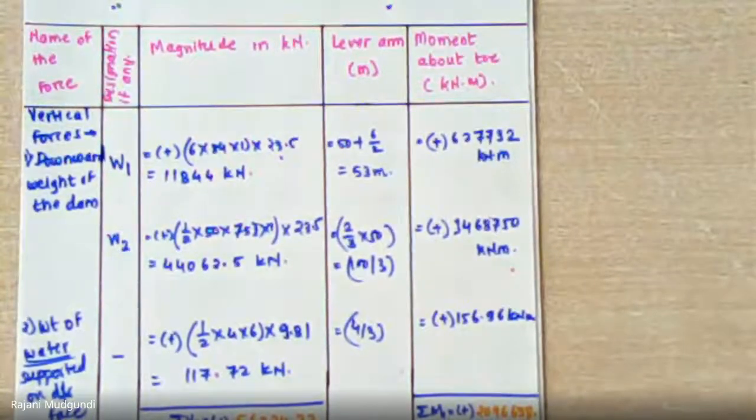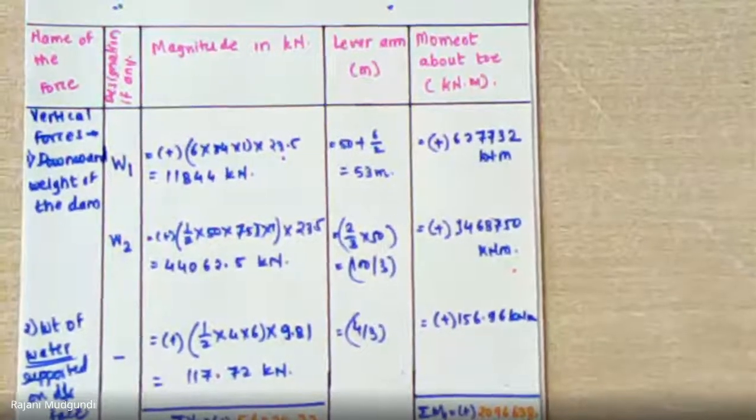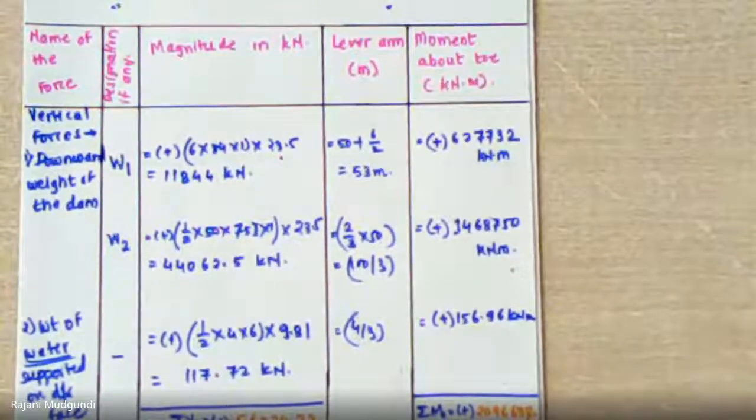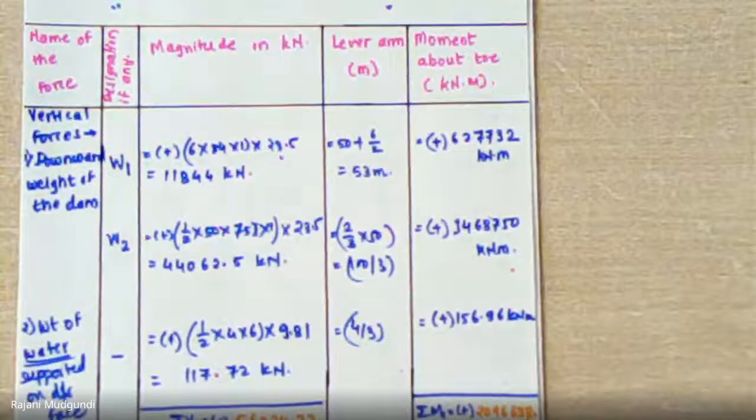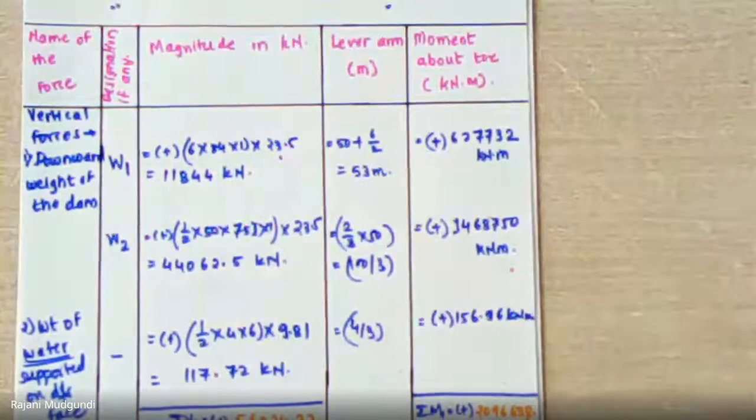It is actually 19 point something. So problem number 19.2 is a detailed analysis problem for a gravity dam provided in Garg's book. You can just have a look.